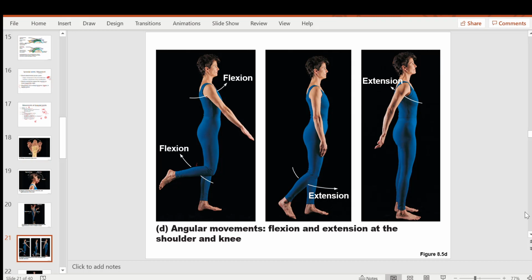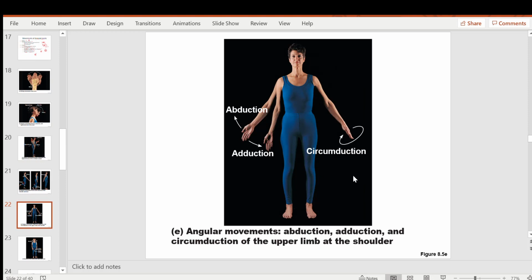This is the flexion of your knee joint, so this angle gets smaller, right? This is extension, the angle gets bigger. Okay, and circumduction, if you draw a circle, that is circumduction.